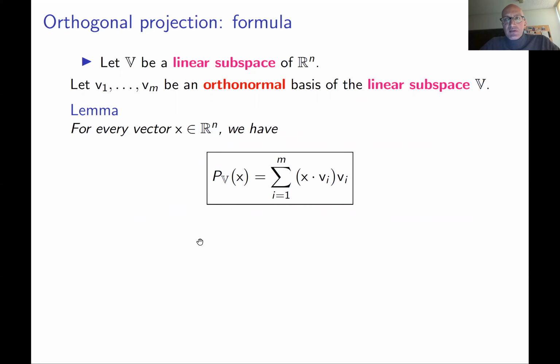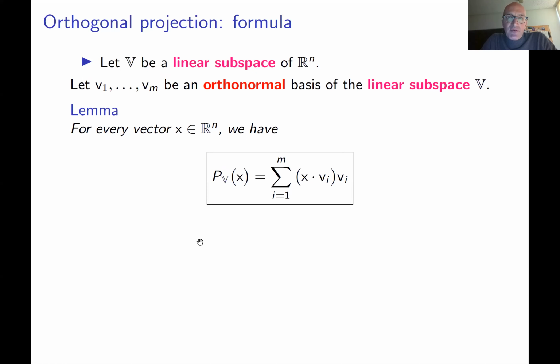It is going to depend on a choice of basis in our linear subspace. Let's fix a linear subspace V of n-dimensional space. We fix some orthogonal basis of this linear subspace. We know it exists. There are many such bases, so we just fix one of them.